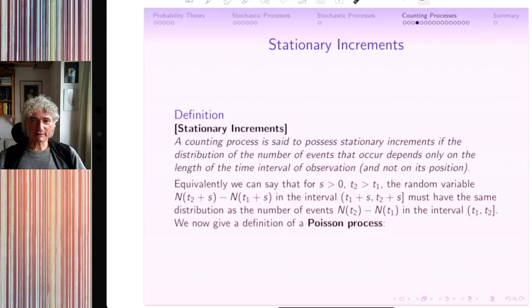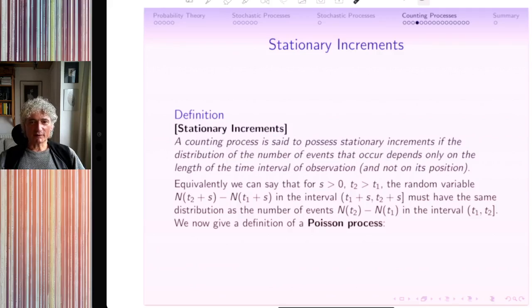So a counting process is said to possess stationary increments if the distribution of the number of events that occur depends only on the length of the time interval of observation. So if you shift the time window again, but you keep the same length of the time window, then you should actually observe similar numbers of events.